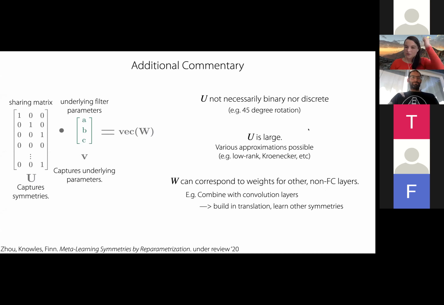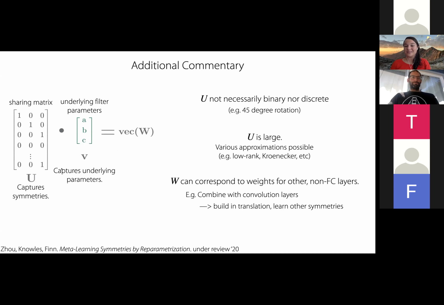Okay, so now let's go to the question. The question is, won't the sharing matrix increase in size for permutation invariance for large numbers of permutations? Right, so as the size of your weight matrix W grows, your sharing matrix will have more rows. As the number of underlying filters grows, you'll have more columns.